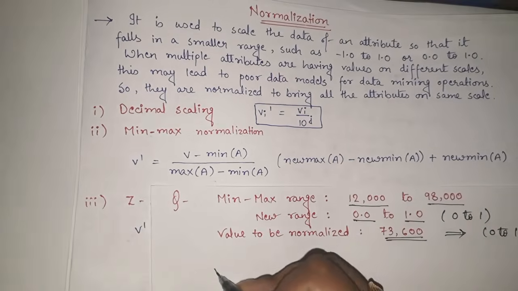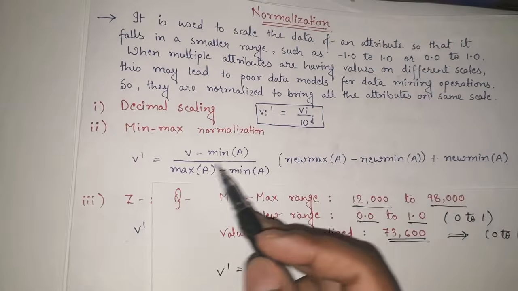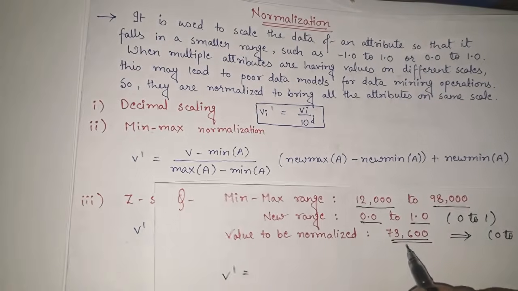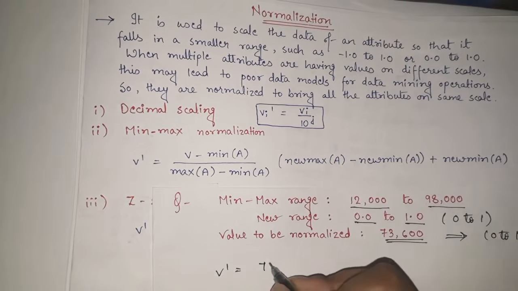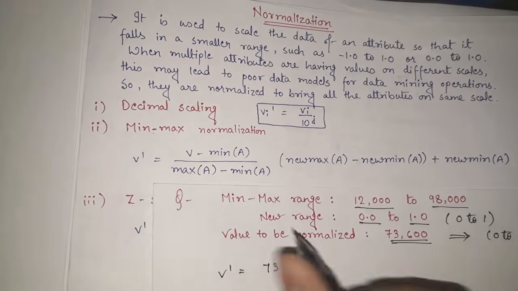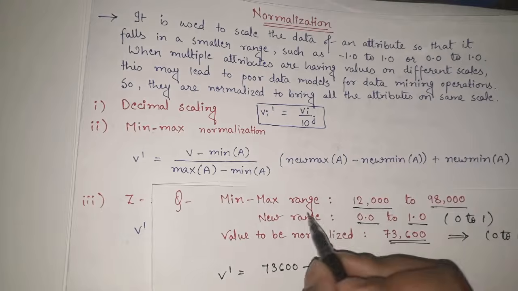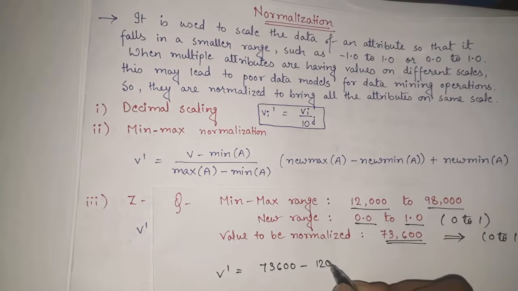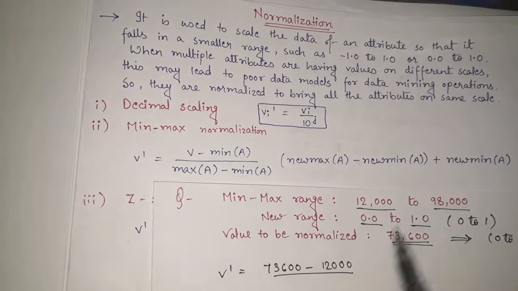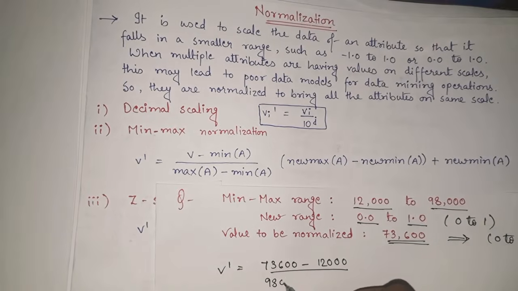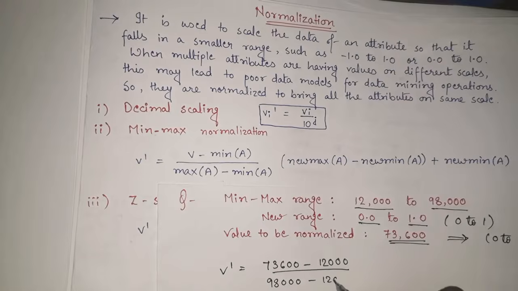So V dash is equal to V minus, so what is V? The value of V given to us is here, 73,600, the original value, minus minimum of A. Minimum of A means 12,000, divided by max A minus min A. So this is original max minus min, so I will get 98,000 minus 12,000.